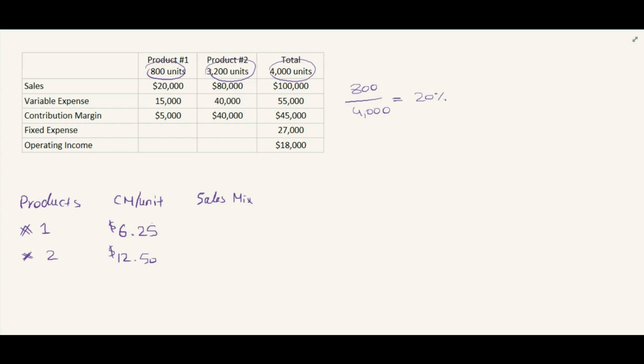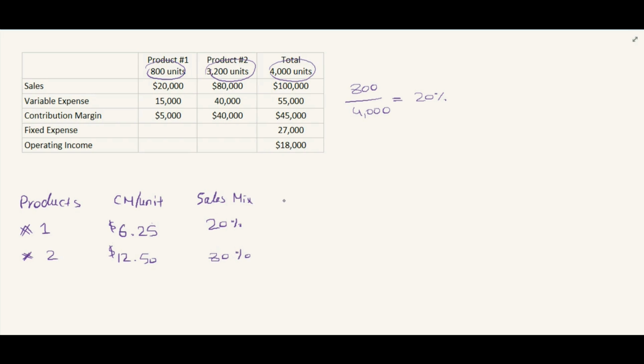So you will take the units sold for product number 1, 800, divided by the total units sold for the company, and that will give you the sales mix. So we have 20% for product number 1 and 80% for product number 2. The 80% we will get from 3,200 divided by 4,000. Now we got the sales mix.